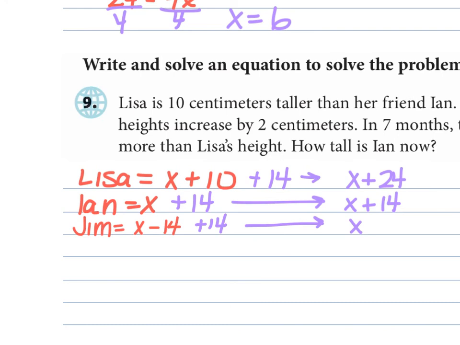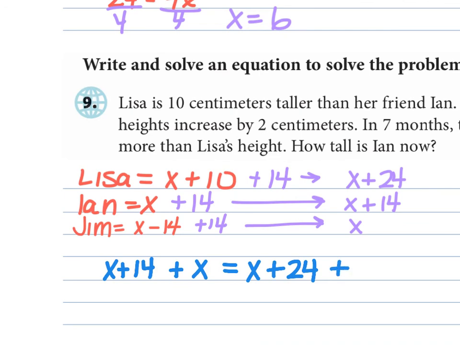So it tells us, again, the sum of Ian and Jim's heights. So Ian, which is the x plus 14, plus x is equal to 170 centimeters more than Lisa's. So that's Lisa's, x plus 24.